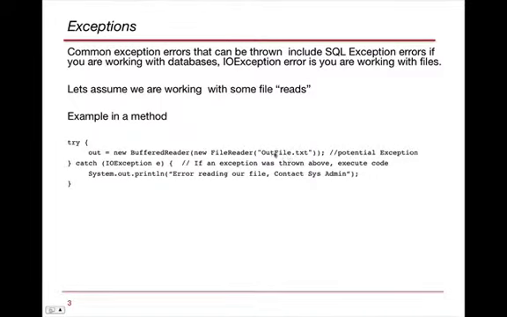If there's a problem with this, where the file, say, does not exist, an IOException will be thrown from this line, and the code will jump to this catch block and say an exception has been thrown. Does it match this type, IOException? If it does, it will execute the code within this block. What it does here is it creates an object with variable e of type IOException, which has more information about the exception that was thrown.